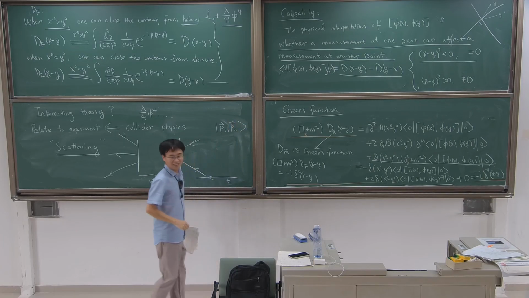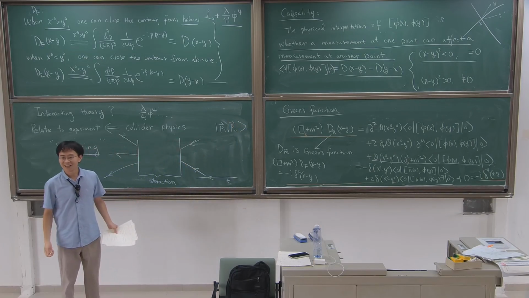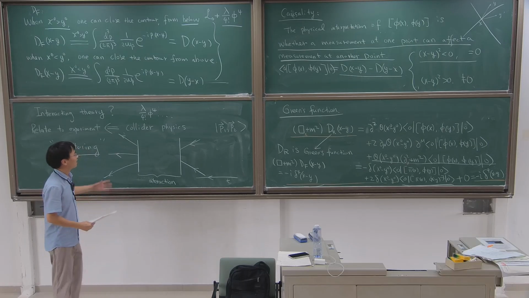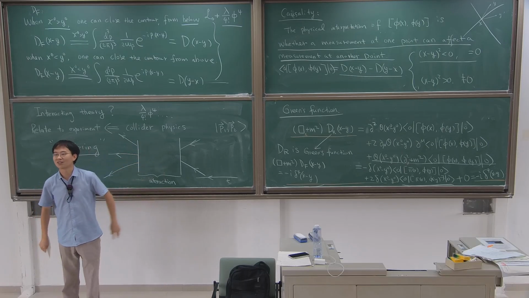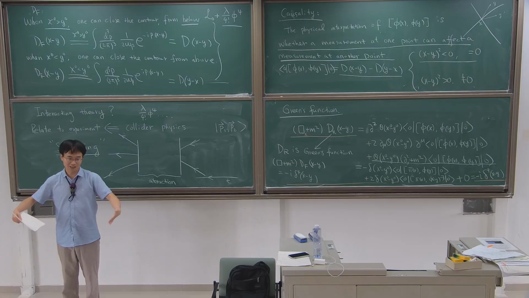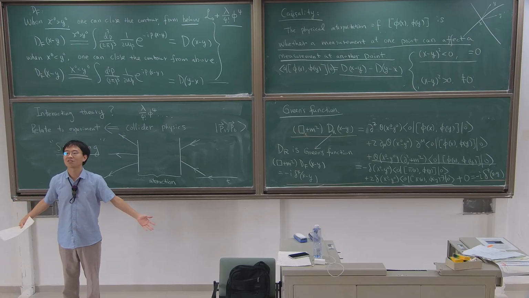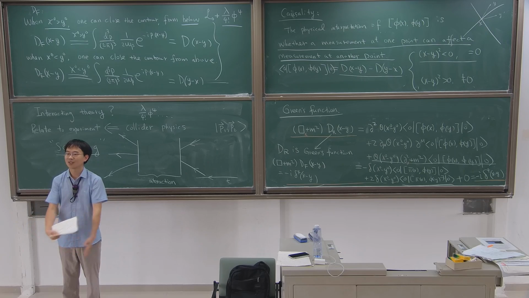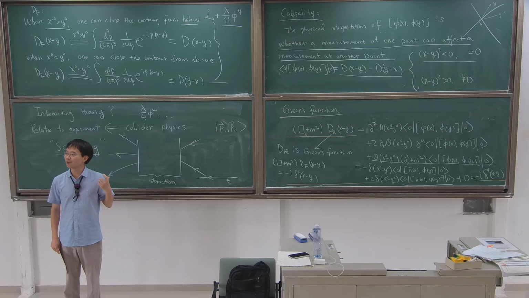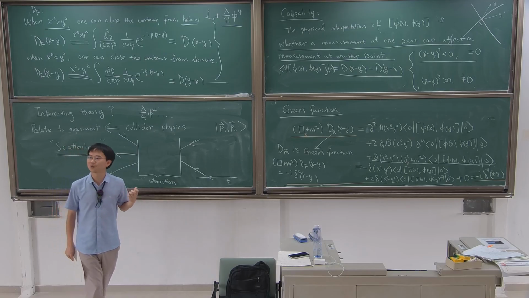If this is your initial state, since the theory is free, eventually the state does not change. The final state is the same again. Free theory doesn't have any interaction, everything passes through. It's always a momentum identity. So that is trivial, but it's not trivial for the interacting theory. That's why this setup is pretty useful to understand the interacting theory.